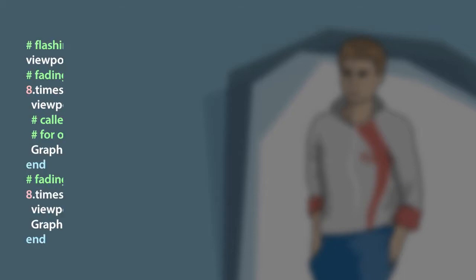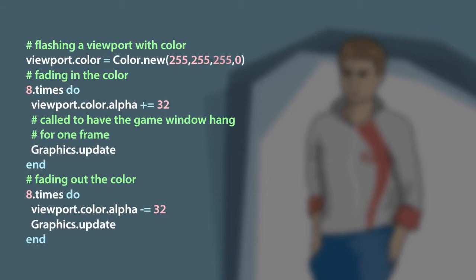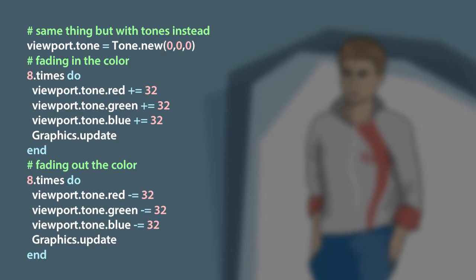So in case you want to have a scenario where you want the screen to flash, you would use the color to overlay your viewport in a white color, but have its alpha value be 0, and then the alpha value would fade into full opacity and then fade back out for the flash. While if we did it with the tone, you could achieve the same effect by basically increasing the tone from 0 to 255 on each and every one of the pixel colors.